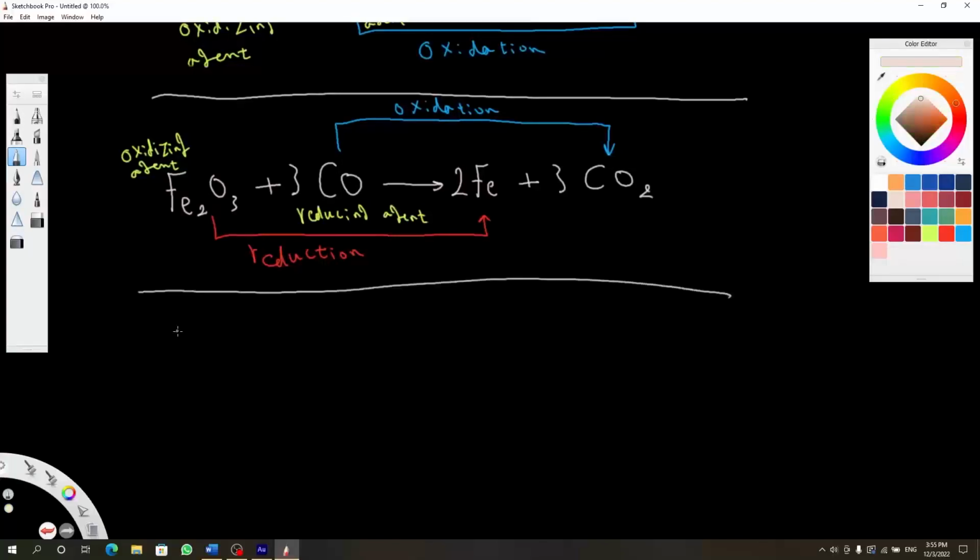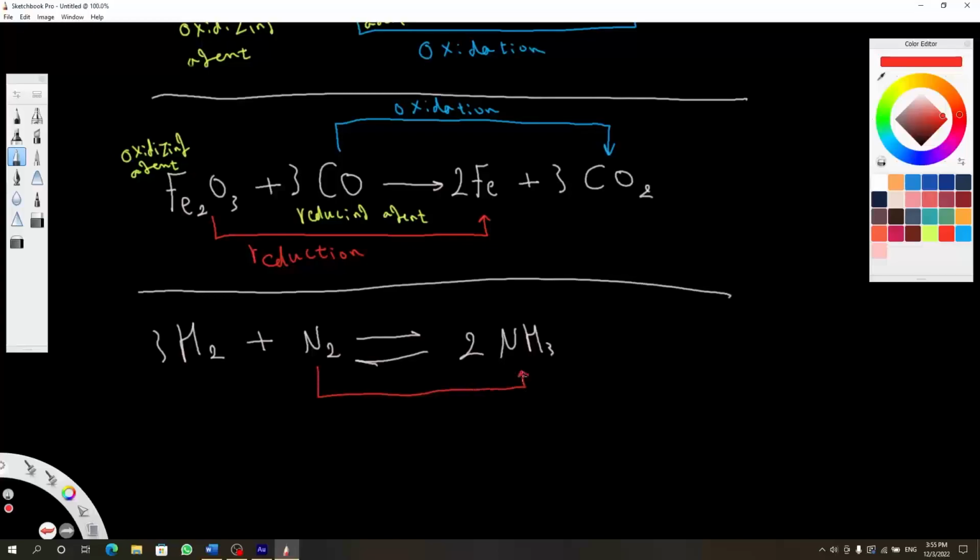The reaction between hydrogen and nitrogen to produce ammonia. Nitrogen gained hydrogen. Gaining of hydrogen is called reduction, which means that nitrogen is the oxidizing agent, or it can also be called oxidant.